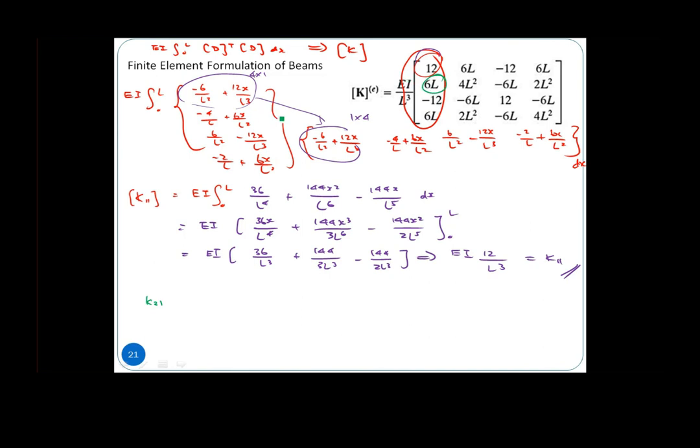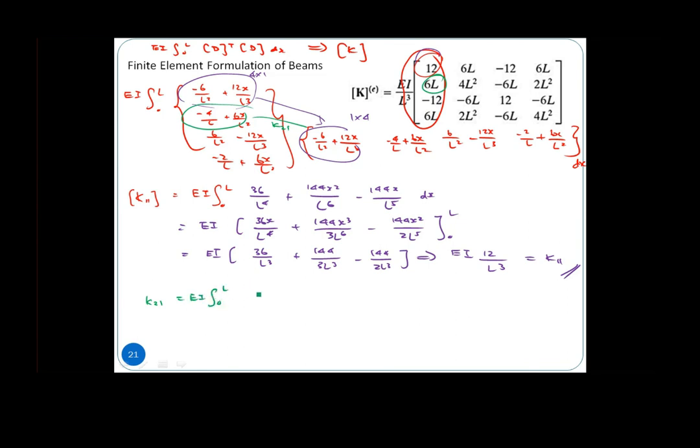So what we are doing is we have to use this one multiplied with this one. So that gives us K21. All right, so here we have EI, from 0 to L.